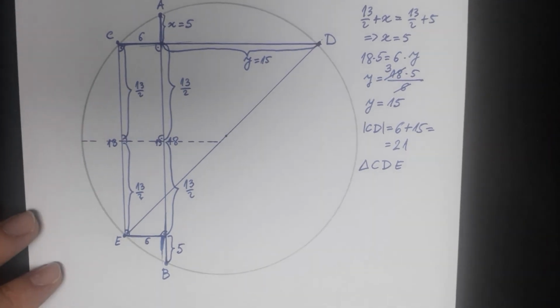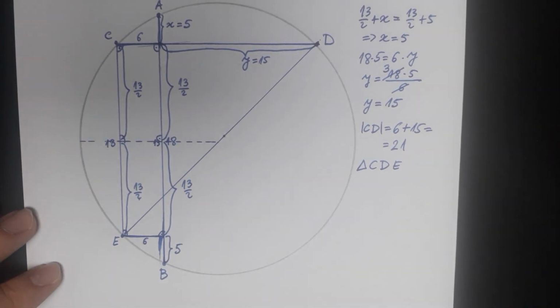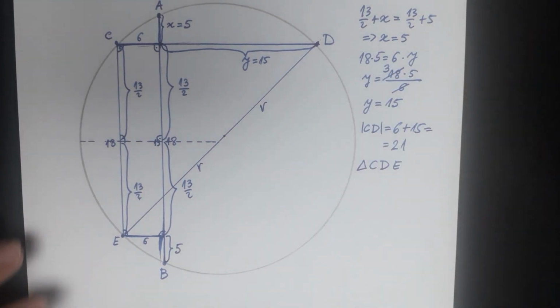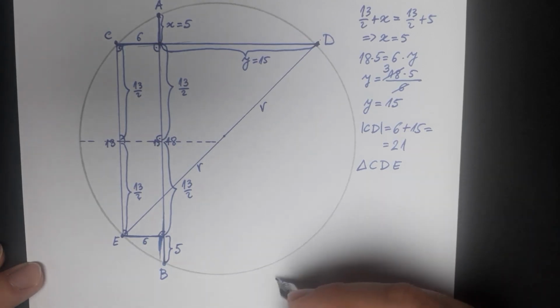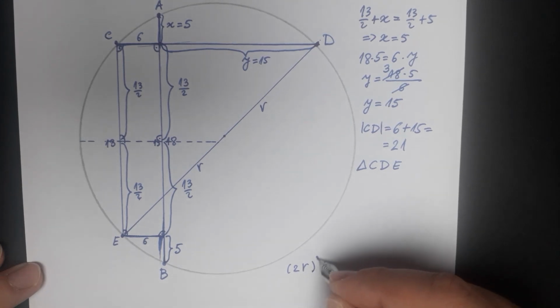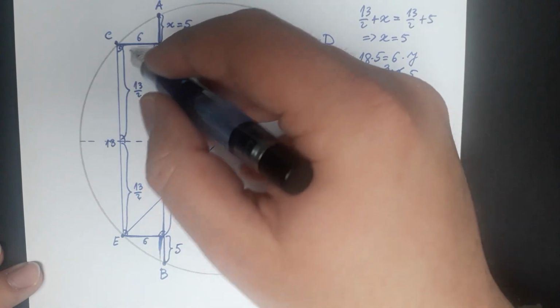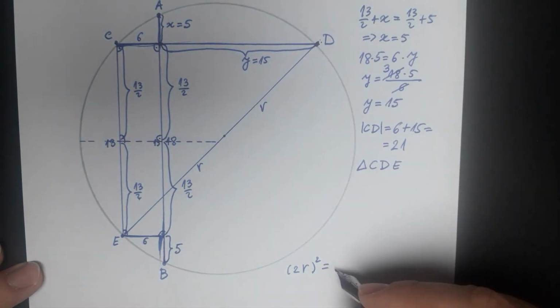If we say that our circle has a radius r, then the diameter will have the length of 2r. At the end, now we are going to use everyone's favorite right triangle theorem, the Pythagorean theorem. So we have that (2r) squared is equal to 13 squared plus 21 squared.